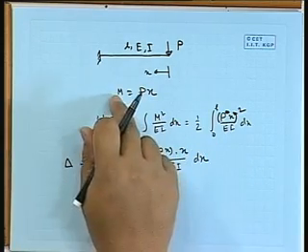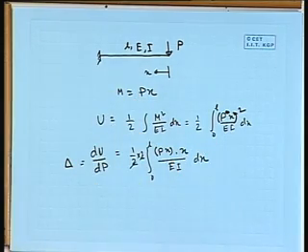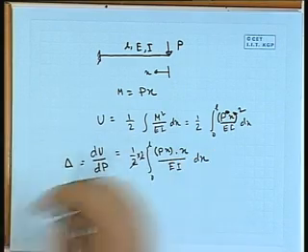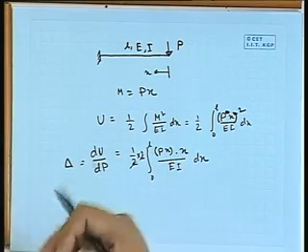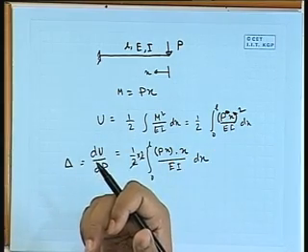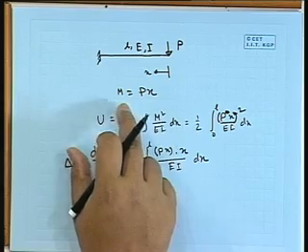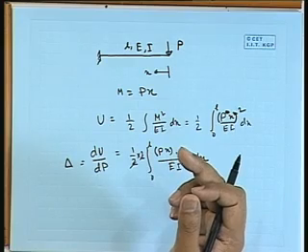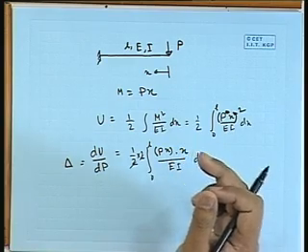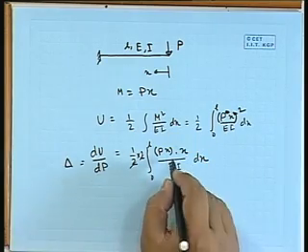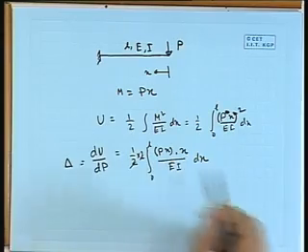This px is basically m, and x is the derivative of m with respect to p. That part we can explain later also. So, that will be the expression.